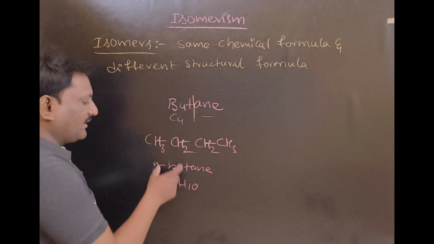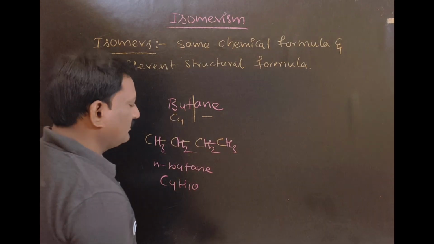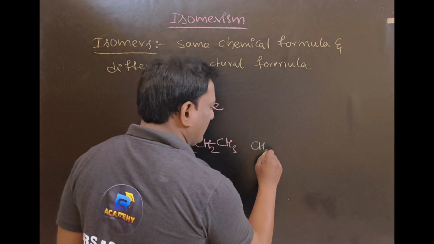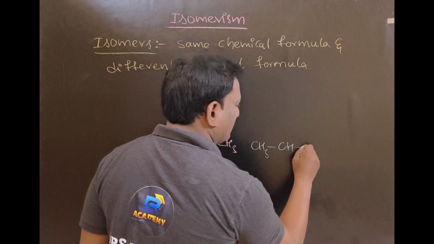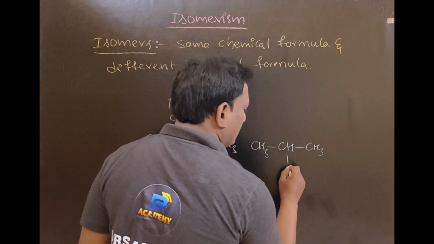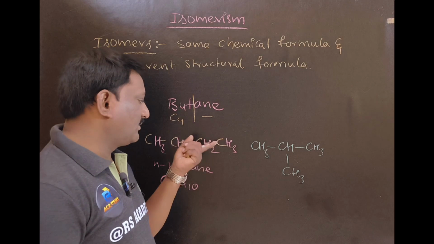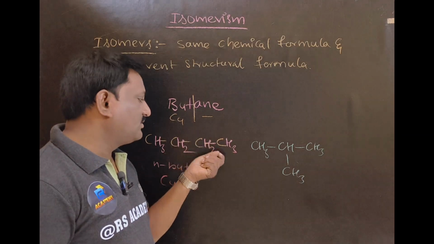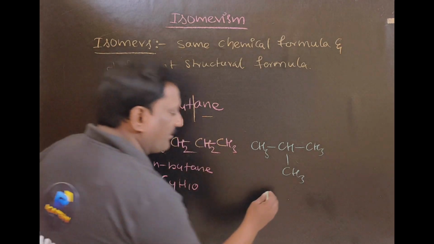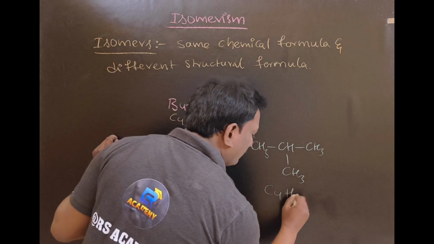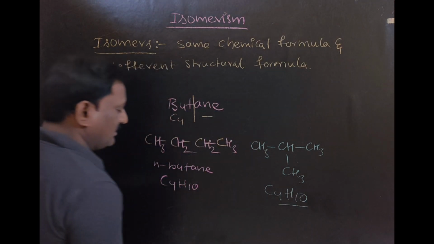And I would like to write this structure like this: CH3, CH, CH3 and CH3. I made a change in the chain. So the chemical formula of this compound is also C4H10.